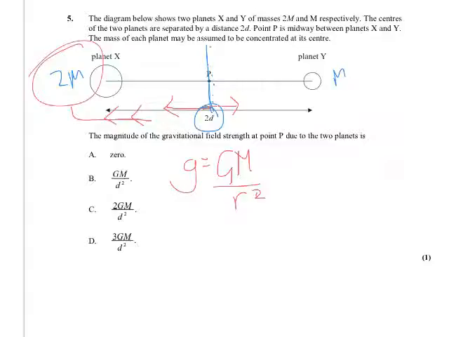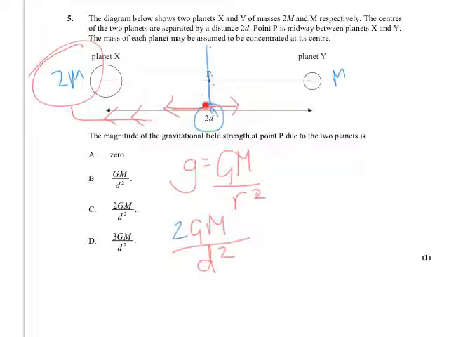But using the correct values, what we've got is G 2m over d squared. Gm over d squared, because if that whole distance is 2d, then that distance is just d. So that's the pull in this direction, thanks to this big planet.